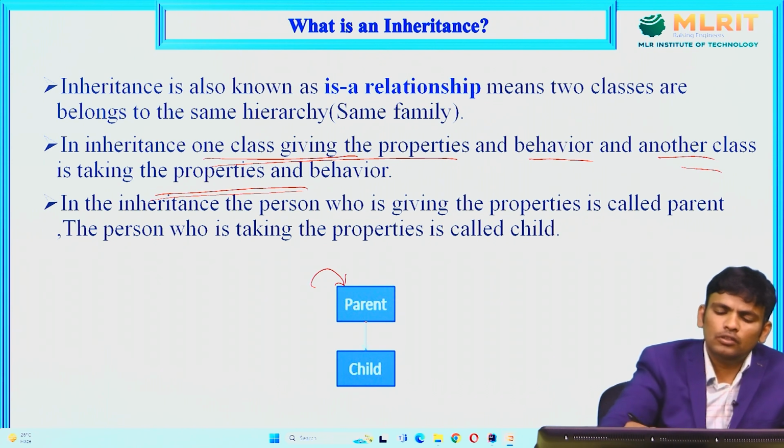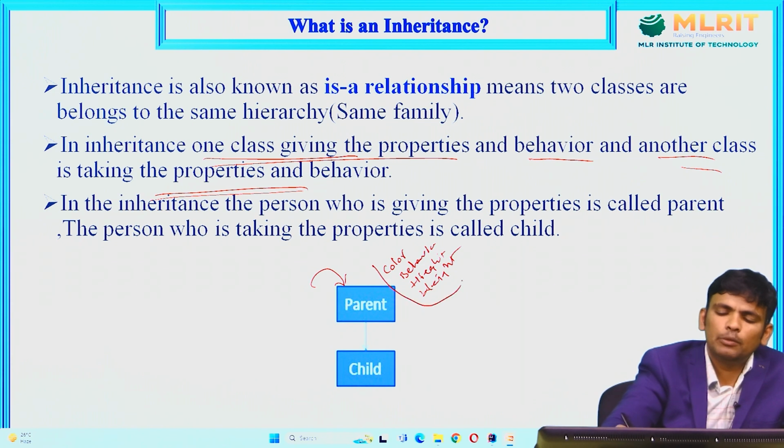In general, the child may get some properties from the parent, such as color, and behaviors, next height, next weight.